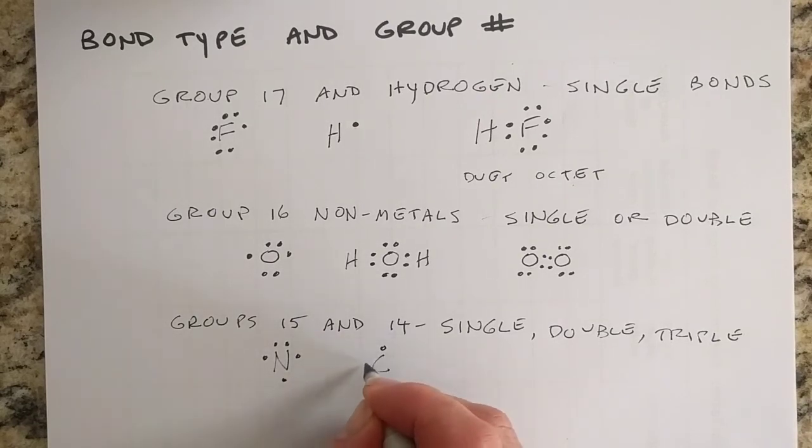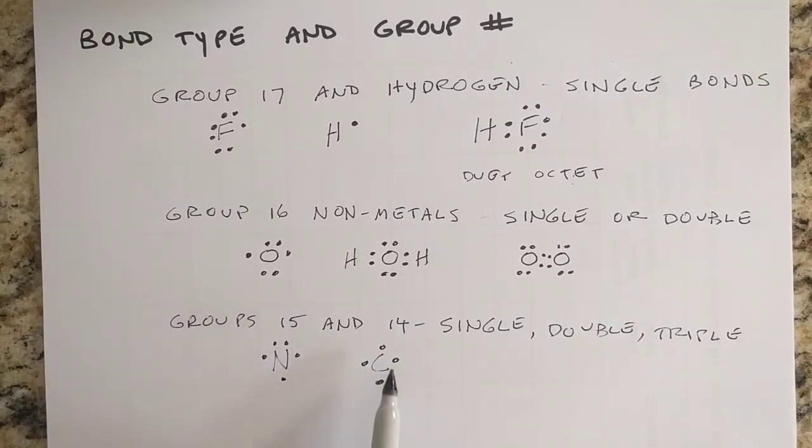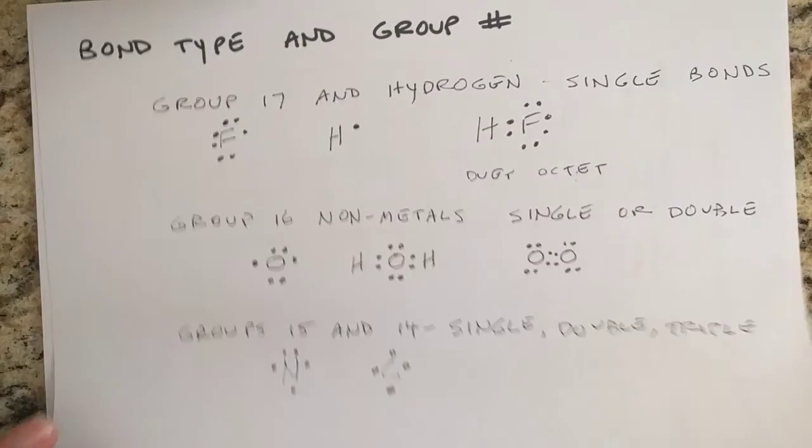And then carbon, and other nonmetals in group 14, they can make 4 single bonds. They can make 2 doubles. They can make a triple and a single. So there's 4 spots here to make bonds, but we only go up to triple. All right, so now we're going to take a look at some compounds containing carbon, and we're going to make a nice chart.